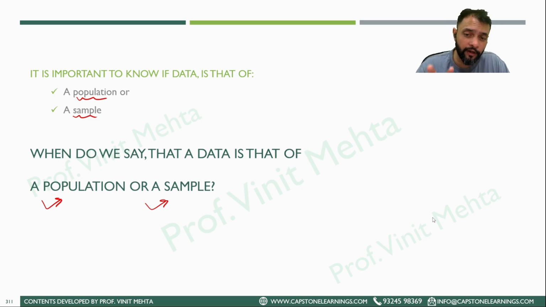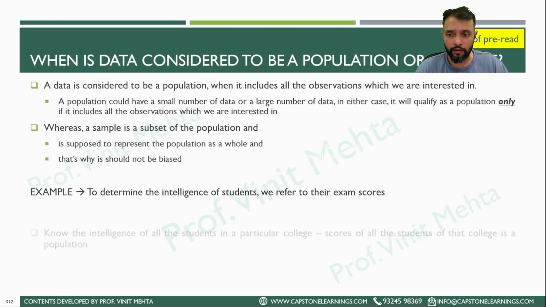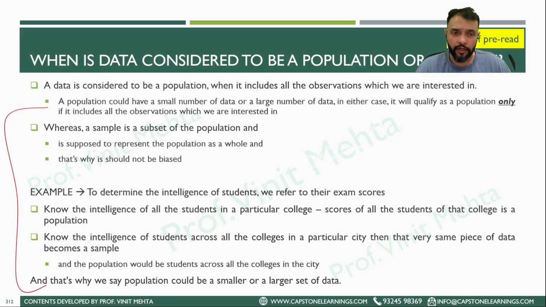If your objective is to find out how education is provided by the colleges in India, the data set of those 10 Indian colleges becomes a population because it covers all the possible outcomes. But if your objective is to understand how education is provided by all the colleges in the world, the same data set of those 10 Indian colleges becomes a sample. So it really depends upon your objective here.